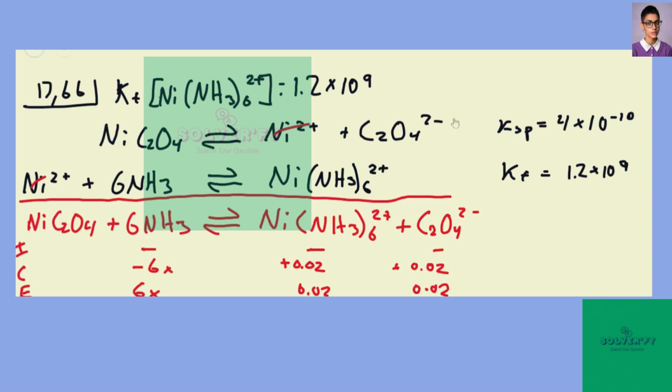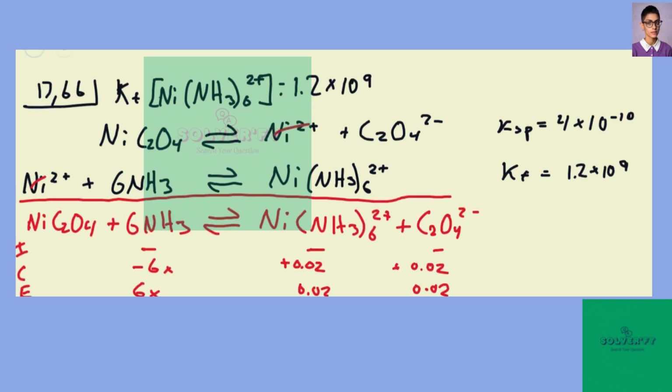So we can open up a new page to do our calculations. K, which we'll calculate back on the first page here, is equal to 4 times 10 to the minus 10 times 1.2 times 10 to the 9.